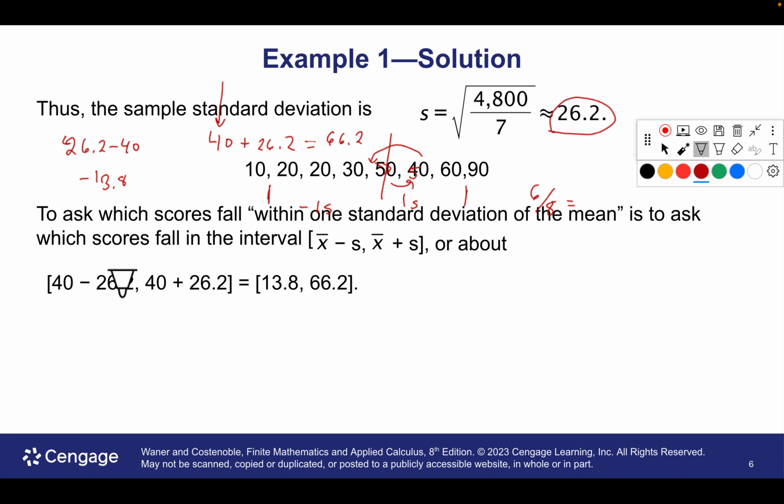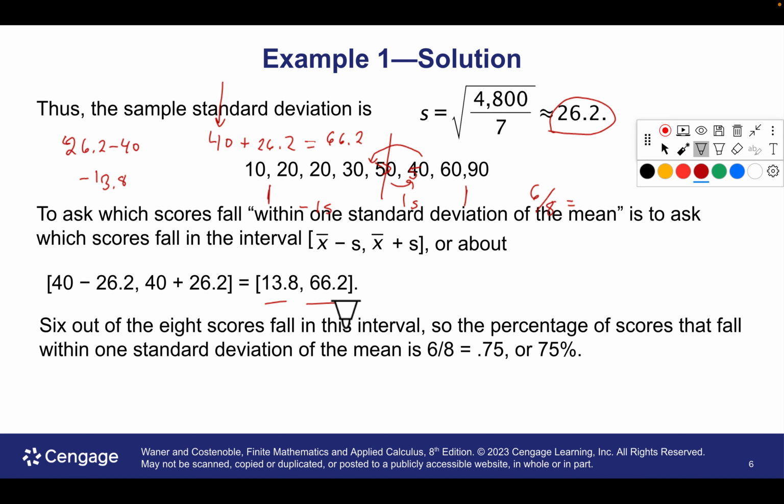Again, we could leave it as positive, but in statistics the number below is usually negative. 13.8 to 66.2, that's the range of data we're looking at.